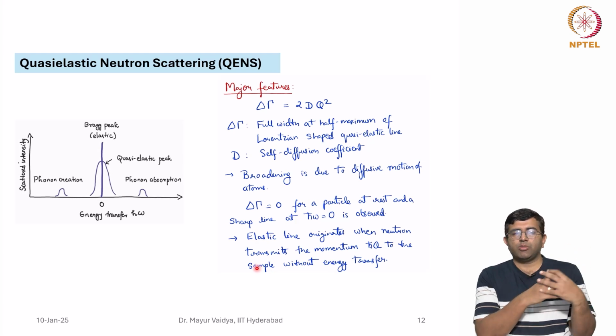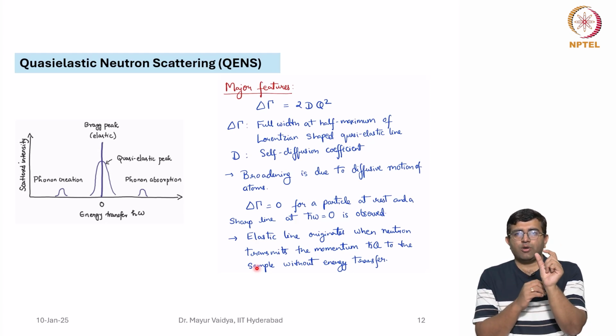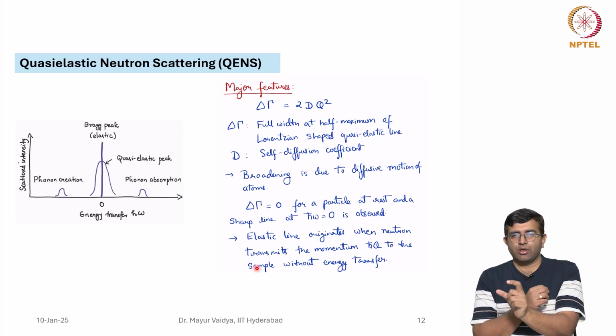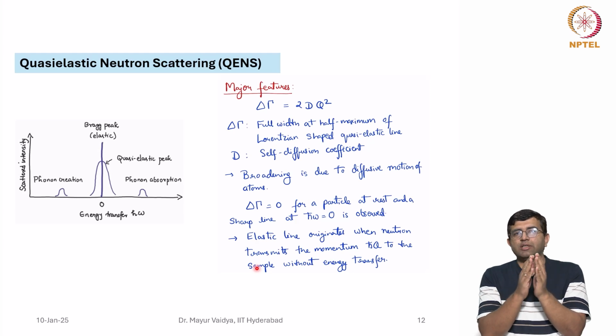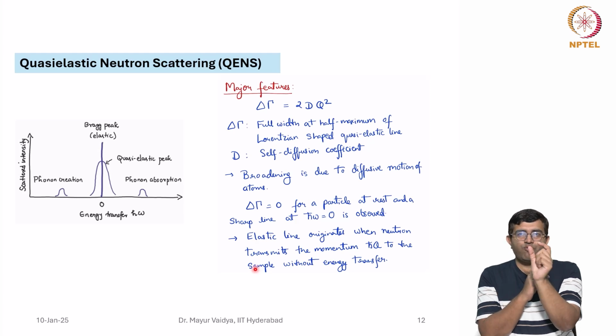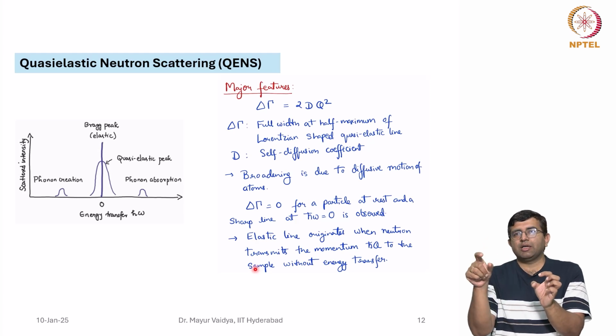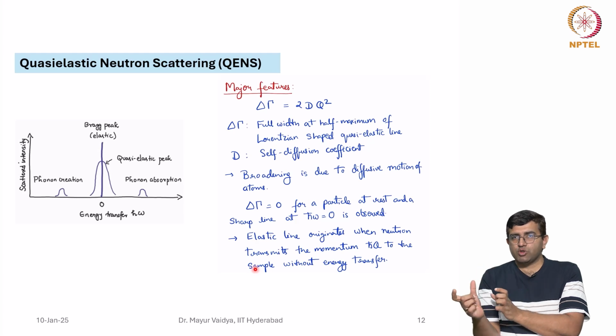So, this is one thing that I hope you have tried to find out in common. We talked about certain techniques in the last lecture in the nuclear methods, such as MBS, and now we are talking about QENS. Here the effect of atomic motion on certain signals or peaks leads to broadening, and if we can measure and quantify that broadening, it can give us information about the diffusion coefficient.